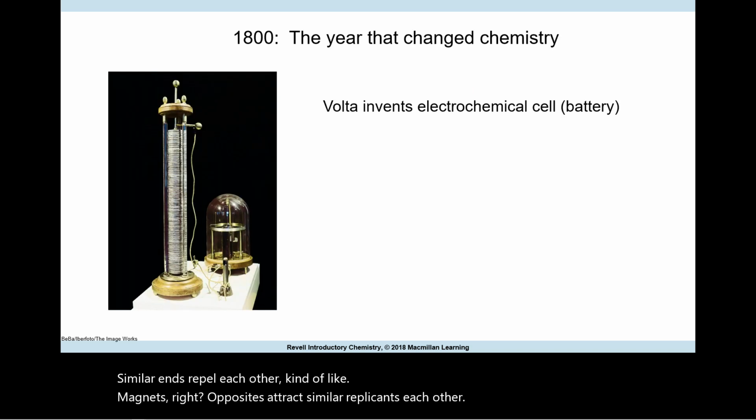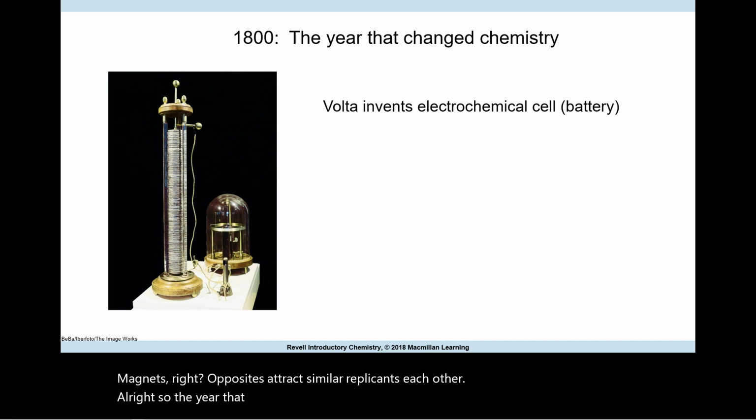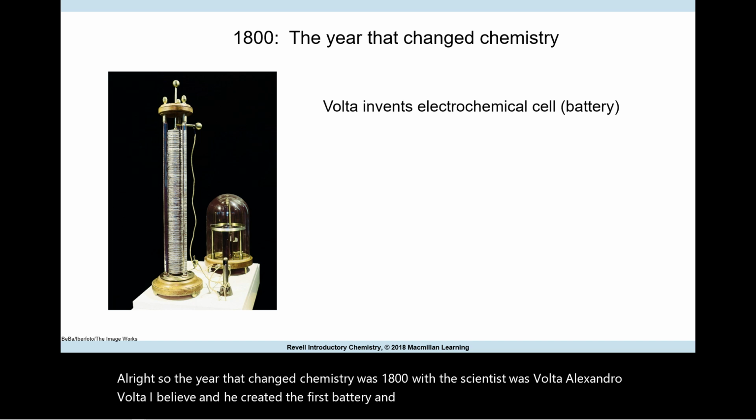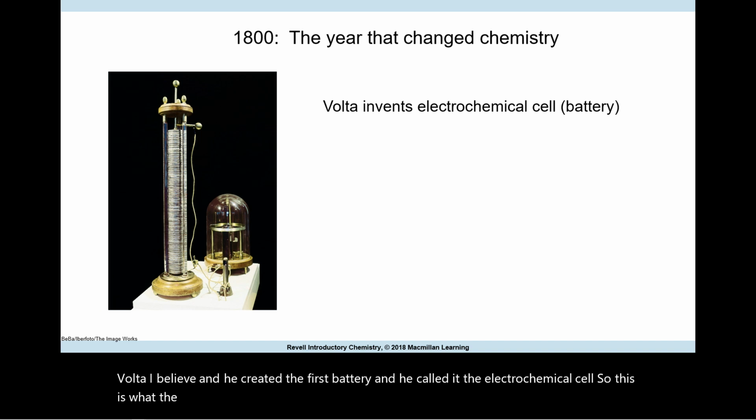All right, so the year that changed chemistry was 1800. The scientist was Volta, Alessandro Volta, I believe, and he created the first battery, and he called it the electrochemical cell. So this is what the first battery looked like.